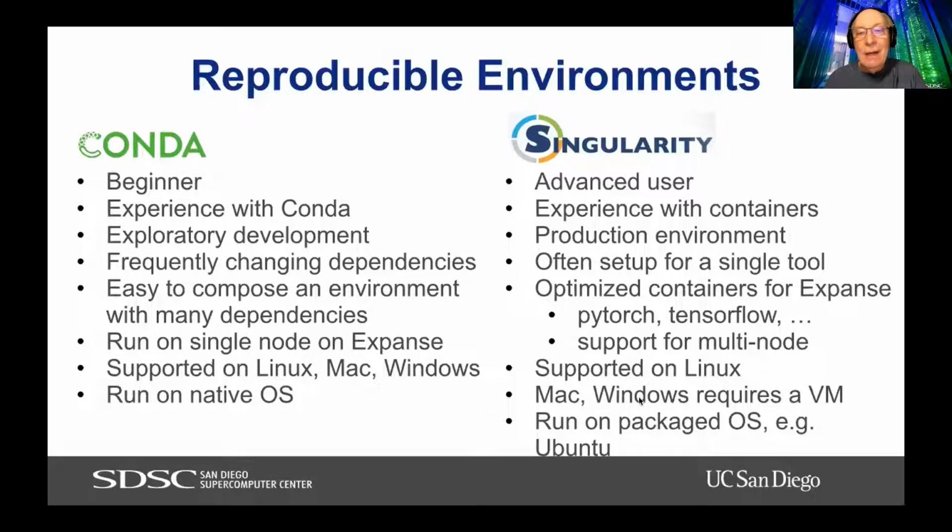If you run it on Mac or Windows, you need to install a virtual machine to run it. A nice thing about Conda is it runs on your native operating system, so it integrates with all the other tools you're using. And with Singularity, basically, you package the entire operating system, such as Ubuntu, into the container. So today I will focus on Conda.